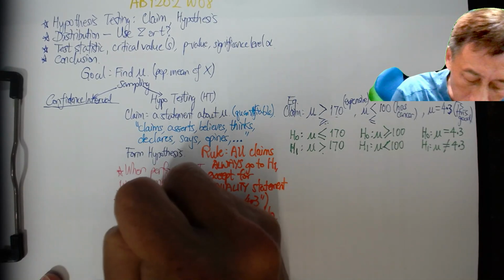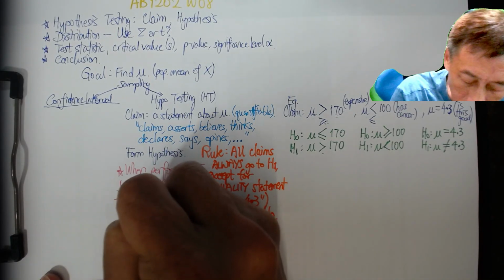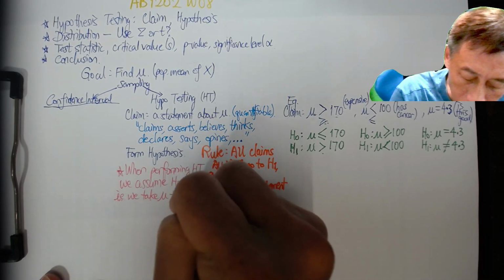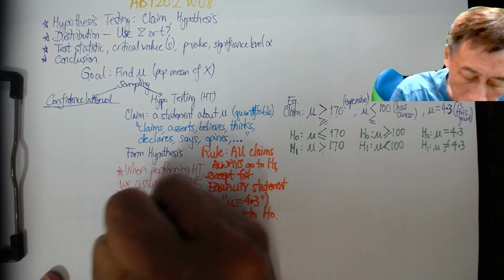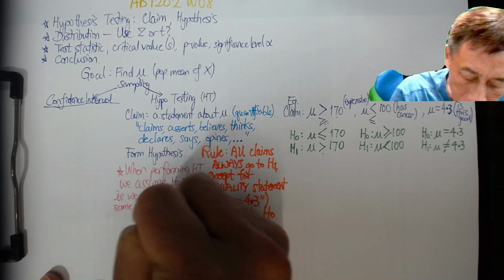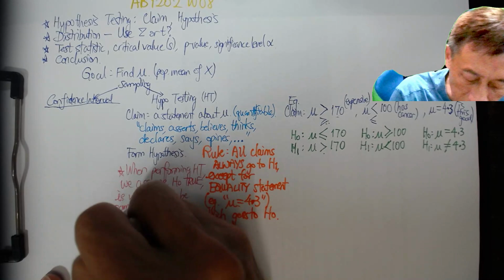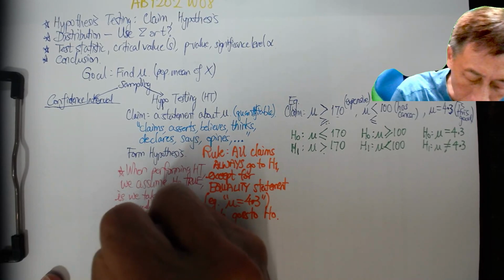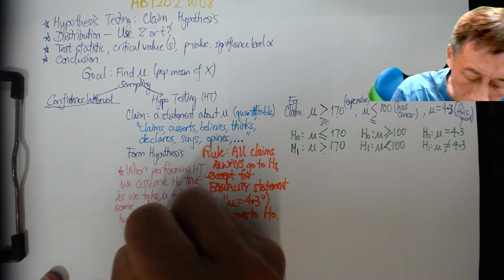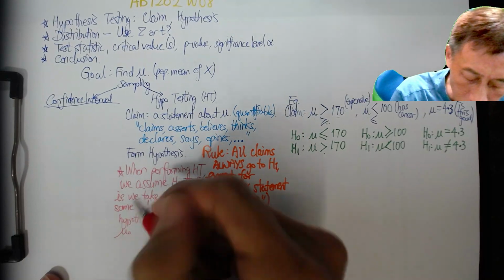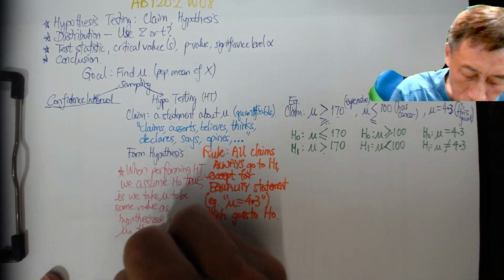we take mu to be the same value as our hypothesized mean, mu naught, throughout calculations.